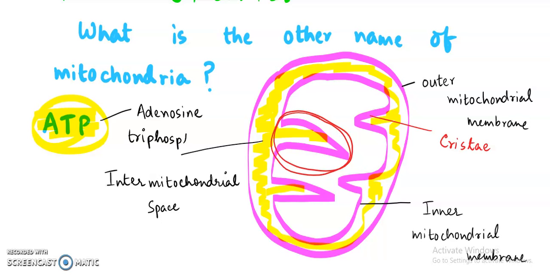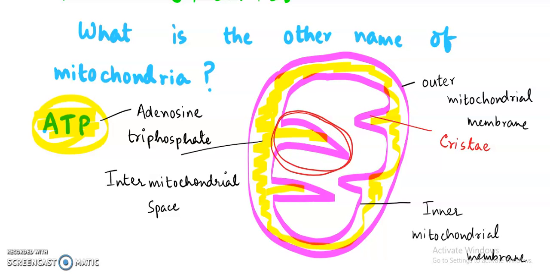As each country has its own currency, similarly there is a currency of energy which is being understood by a cell, and this energy currency name is ATP, which stands for adenosine triphosphate. This is important to learn that plants and animals, they have energy in which form? So you will be writing ATP.